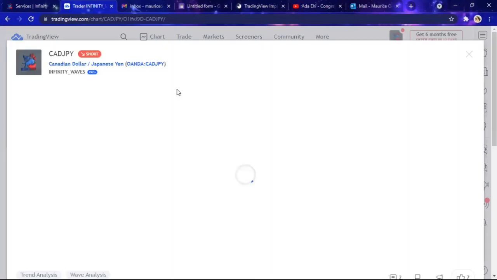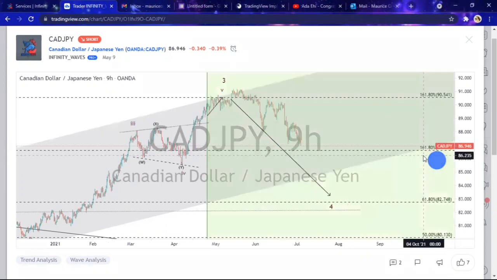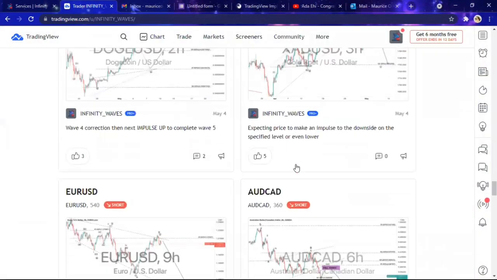Canadian dollar as well, here it is. We were waiting for this move to come here on May 9th, for this move to come here and this drop down. And if you look at it, that's how it performed quite well. So it's also moving within our analysis.